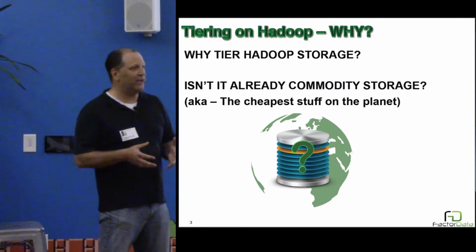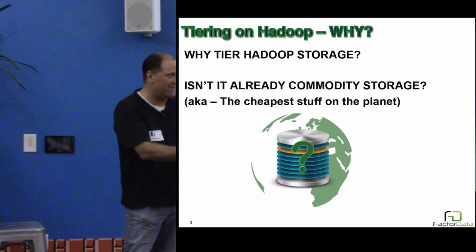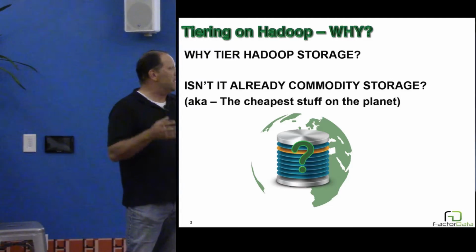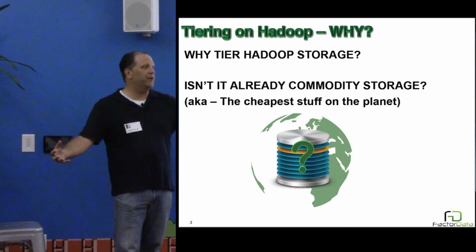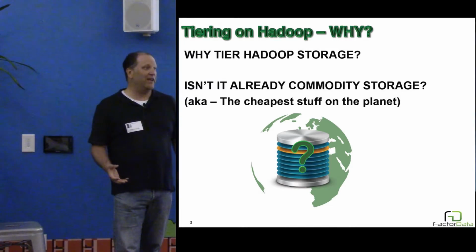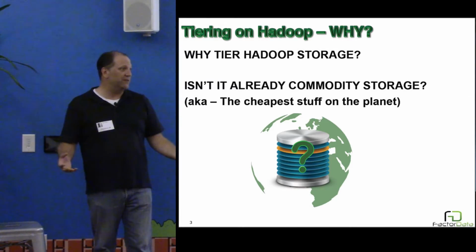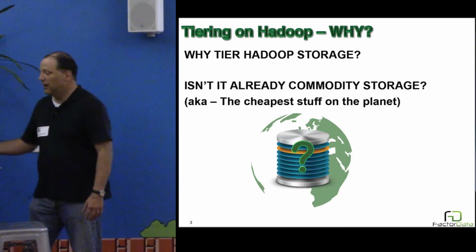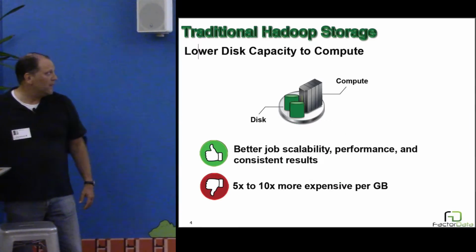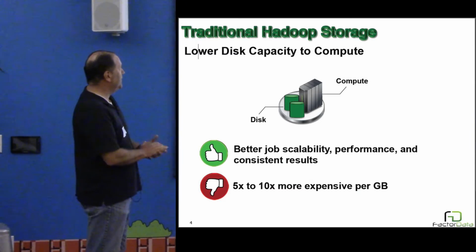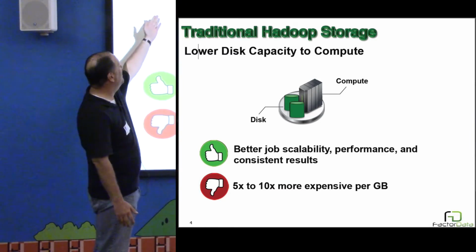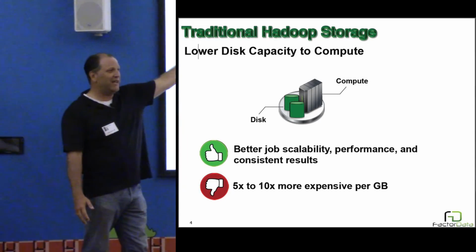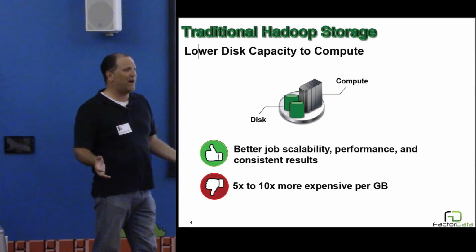So it's not really, even though the disk itself is commodity disk, the data node and the data nodes that comprise your capacity within Hadoop, that is actually fairly expensive when it comes to that type of storage in today's market. And why is that? Well, you have your disk here, and in a typical deployment, you have a kind of a lower disk capacity per compute. That's kind of a best practice in Hadoop.